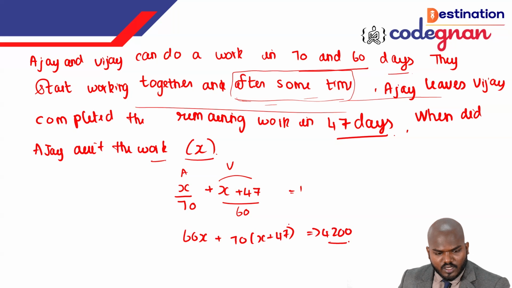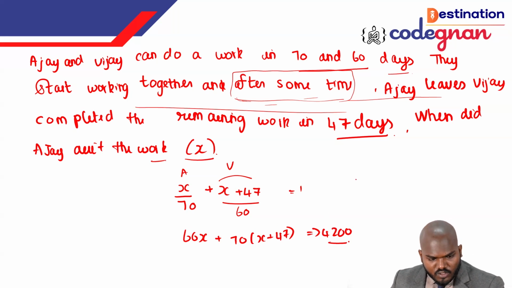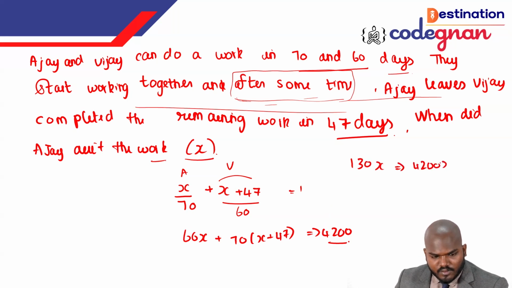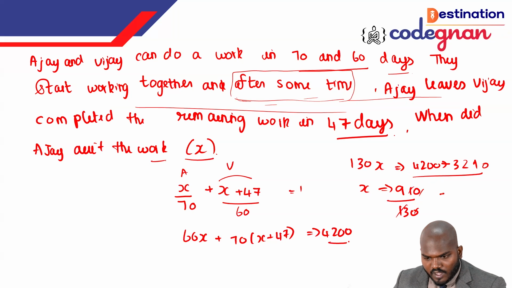If you multiply this, we get 130x is equal to 4200 minus 3290, which gives 910. So x is equal to 910 by 130. The 0 gets cancelled, and it will give you 7 days. Very simply we are getting this.